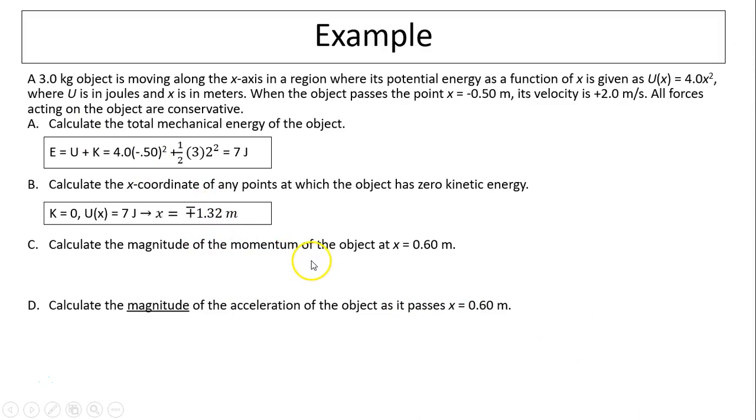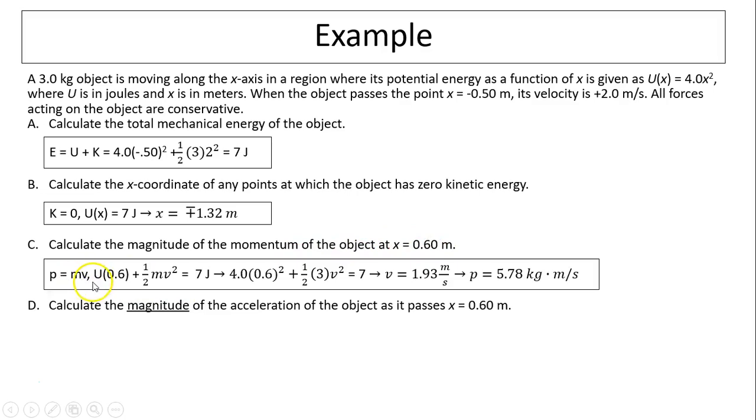Calculate the magnitude of momentum at x equals 0.6 meters. Momentum equals mass times velocity. So we have to find the velocity at x equals 0.6. So we know U at 0.6 plus 1/2 mv squared. At any point, its energy equals 7.